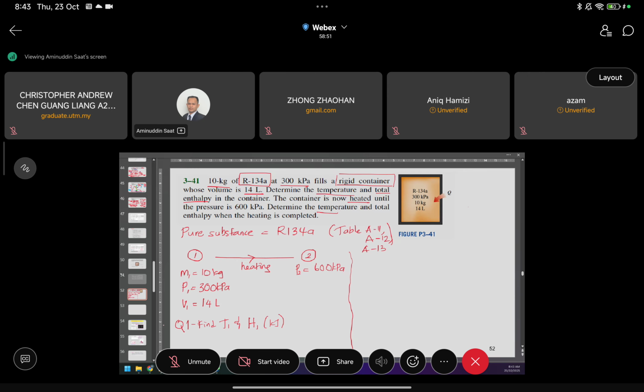While the second part, which is Q2, they ask you to find T2, because after the heating process is completed, find T2 and the total enthalpy, which is H2.